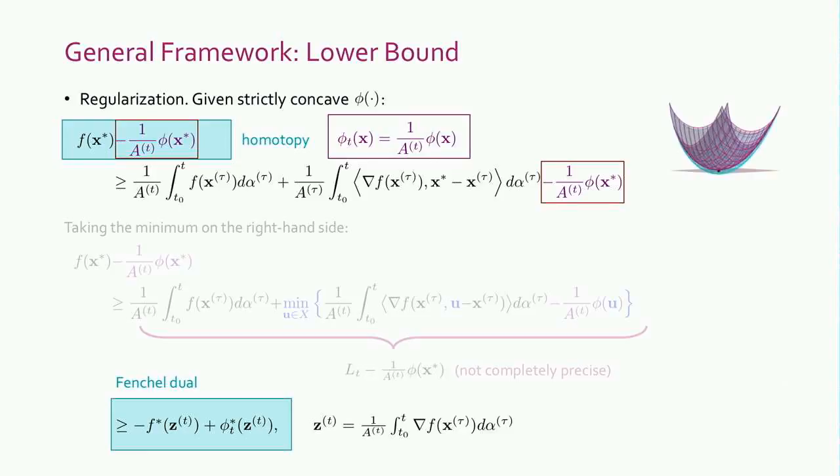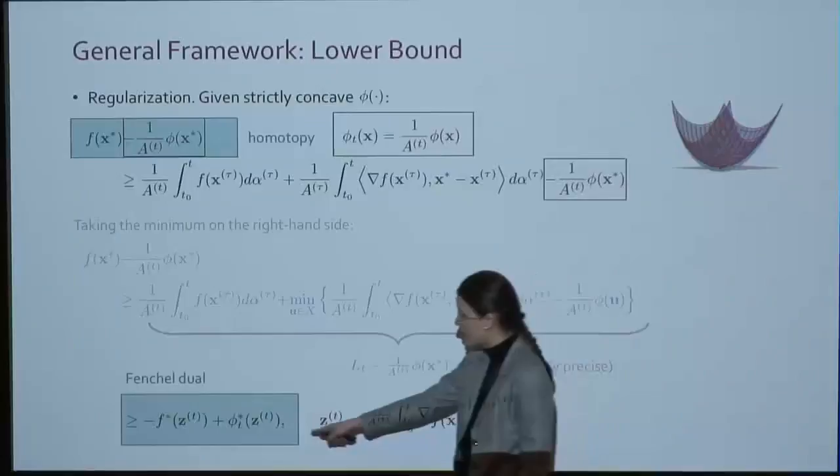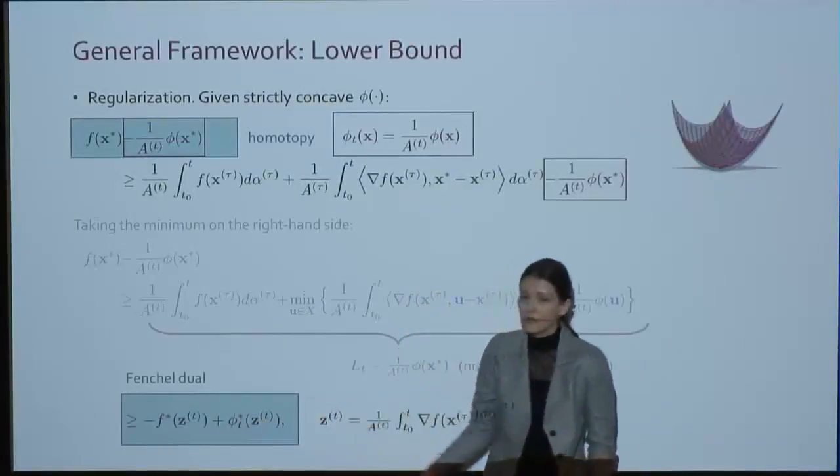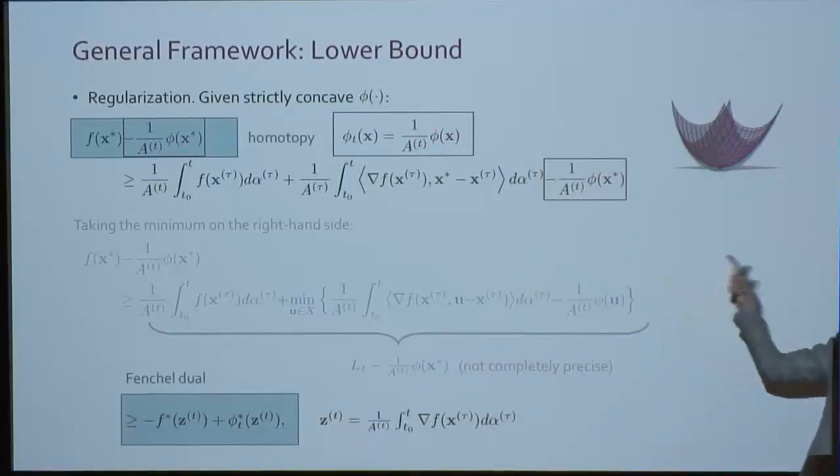If you're familiar with convex conjugates and Fenchel duality, from this lower bound, it would take you 1 or 2 more lines to show that this lower bound, in fact, is greater than or equal to the Fenchel dual of that composite function. So really what our lower bound is, it is a Fenchel dual of this new composite function that I introduced here.